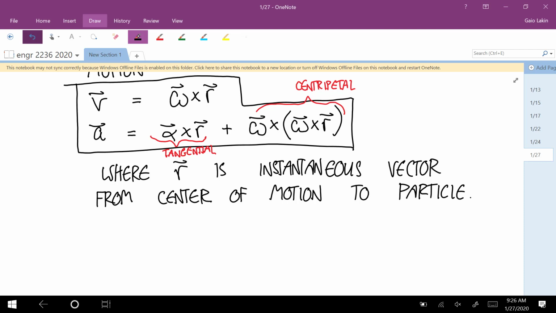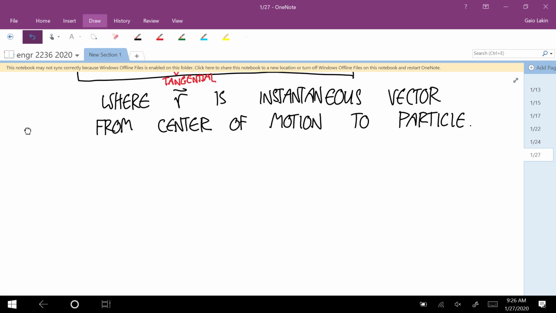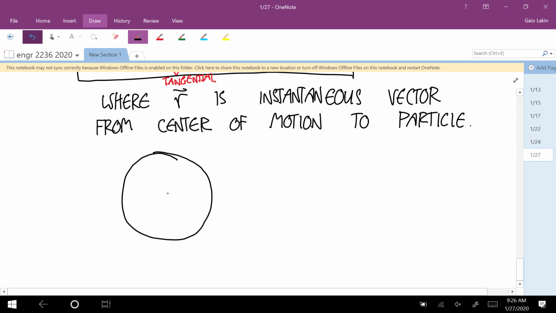So the way it worked in physics 1 was, if you had a particle moving along a circular path, and here's the center, and let's say the instant that you're thinking about the object is here, and let's say the velocity is this way. And let's say that it's slowing down, then the tangential acceleration is this way.